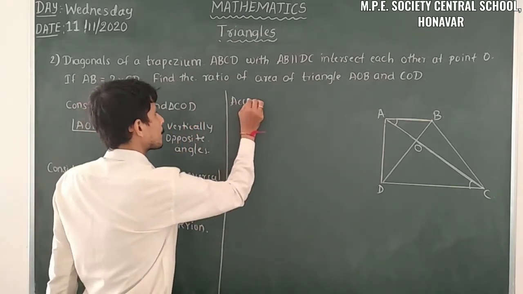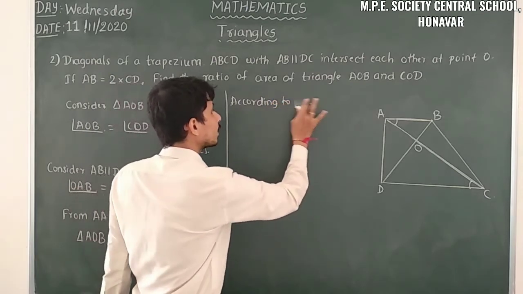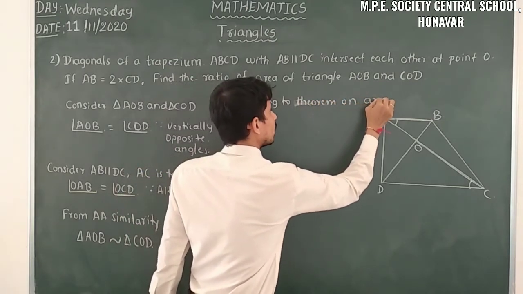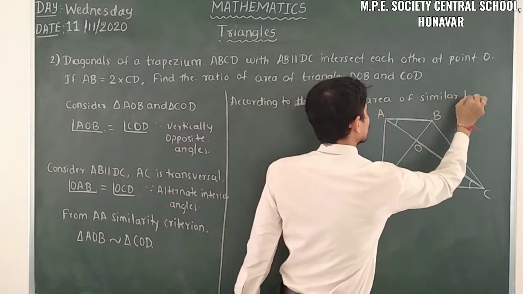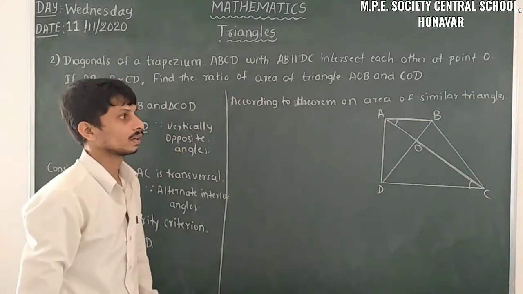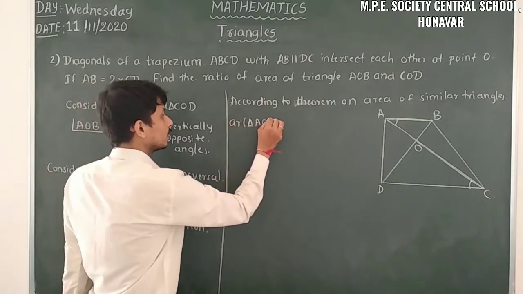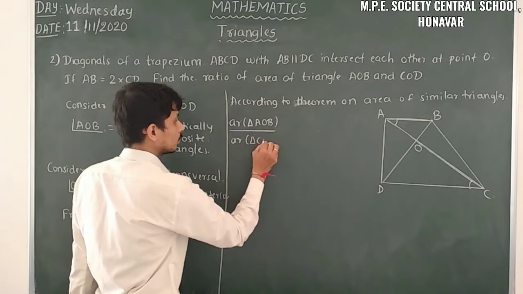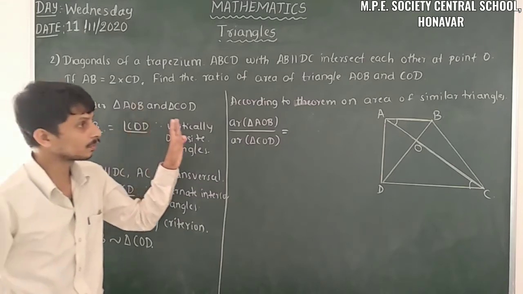According to the theorem on area of similar triangles, area of triangle AOB divided by area of triangle COD is equal to, here just observe, it is in the form of AB and CD.